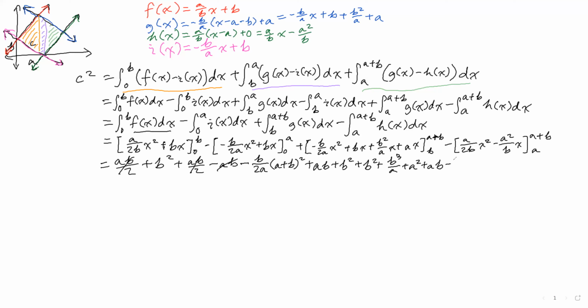So it'd be plus b cubed over 2a minus b squared minus b cubed over a minus ab.